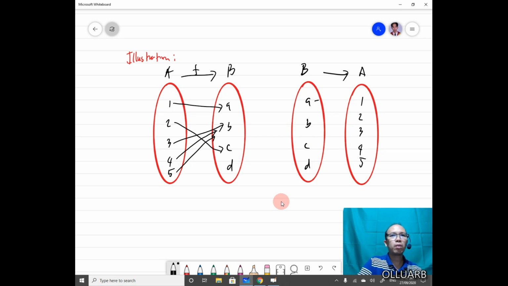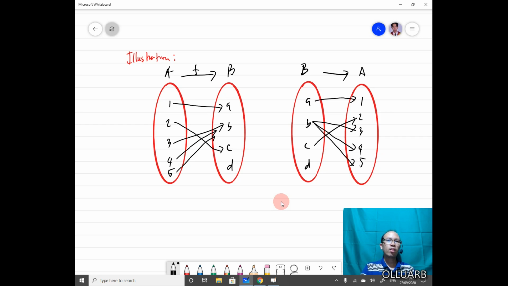Our a is mapped to 1, they are partners. Okay, our b is mapped to how many? 3 4 5. Our c is 2.